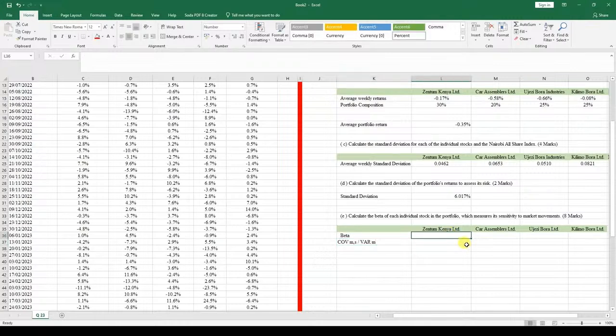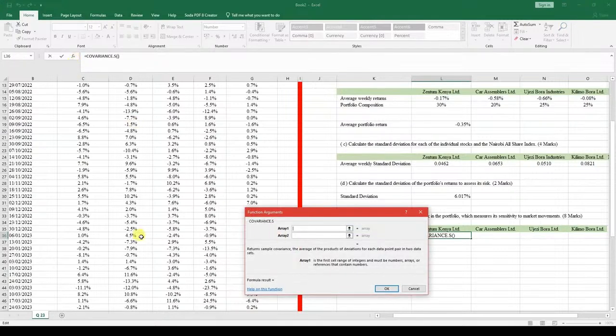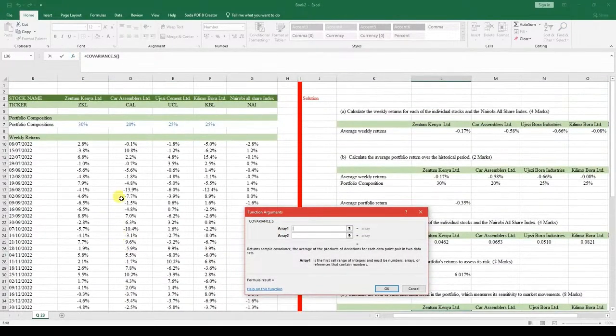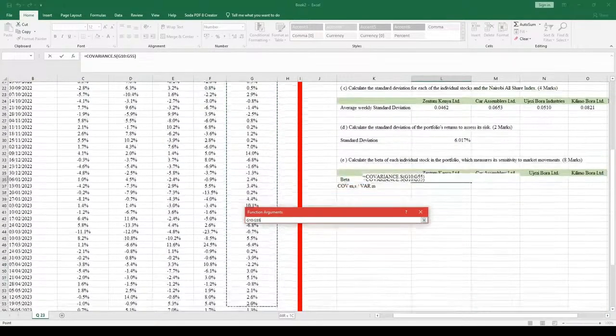So we pick COVAR.S, because we're looking at a sample covariance, and we open it up right over here. Covariance of what? Covariance of the market. This is the market over here, so we highlight that part.